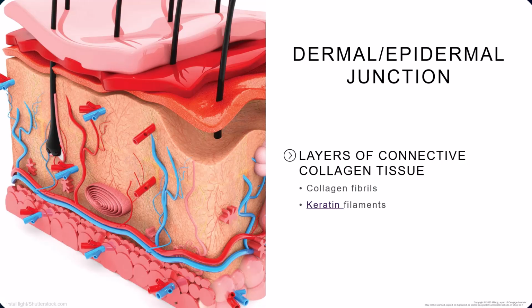And there's also keratin filaments on the epidermis side that ensure strength and adhesion. Some states define the esthetician scope of practice as not beyond the DEJ, which is that dermal epidermal junction. That would be the case for us. We cannot go below the epidermis, so we can't go beyond the dermal epidermal junction.